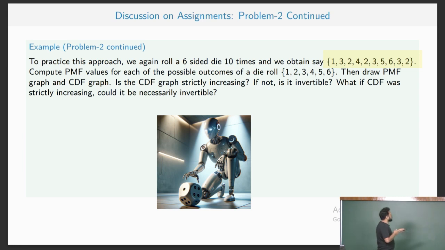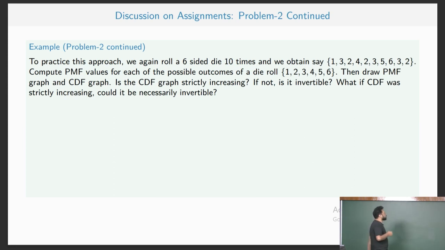Now you can compute the PMF values for the possible outcomes of a die: 1, 2, 3, 4, 5, 6. The PMF value corresponds to the probability of each outcome based on the samples I got. For example, what was the PMF of 1, or the frequency of 1? It was found only once, so 1 over 10.